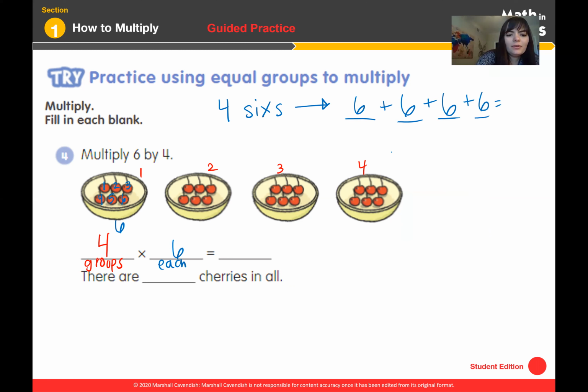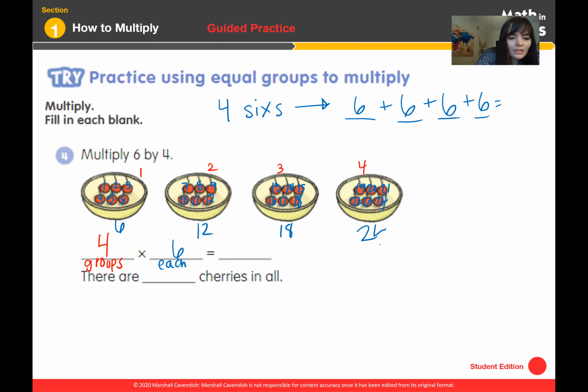If I don't know how to skip count by 6, which most of us don't, and that's totally okay, I can just continue on, and that's why it's good to write under here so I don't lose track. So 6, 7, 8, 9, 10, 11, 12, 13, 14, 15, 16, 17, 18, 19, 20, 21, 22, 23, 24.